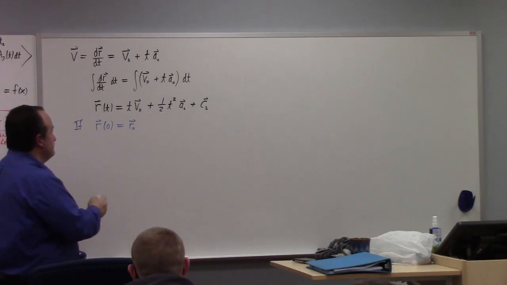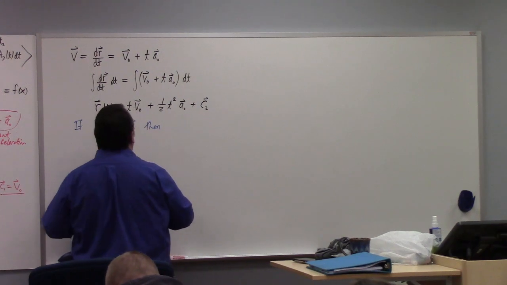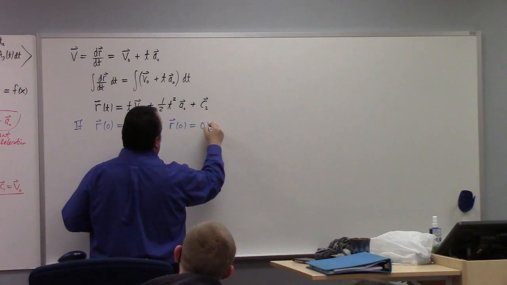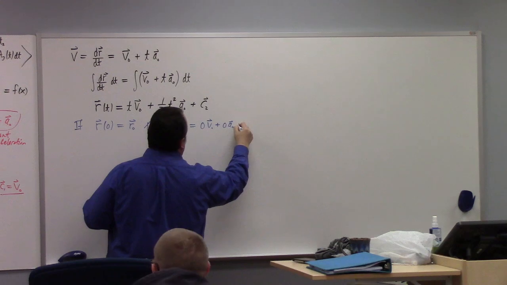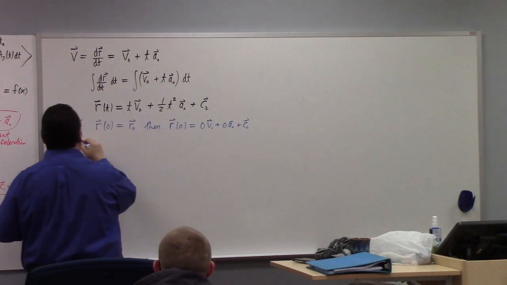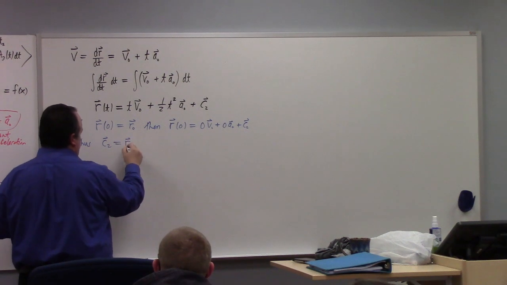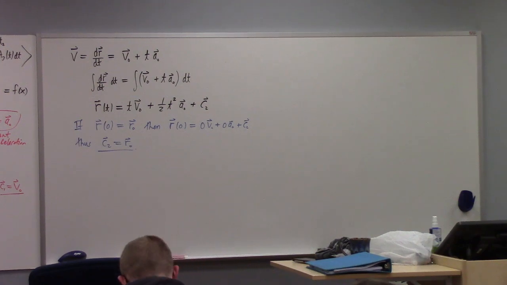Why is it c2 and not c1? I already used c1 over here. So r of 0 is equal to 0 times v naught plus 0 times a naught plus c2. Therefore, c2 is equal to r sub naught. c1 was v sub naught, as it turns out.